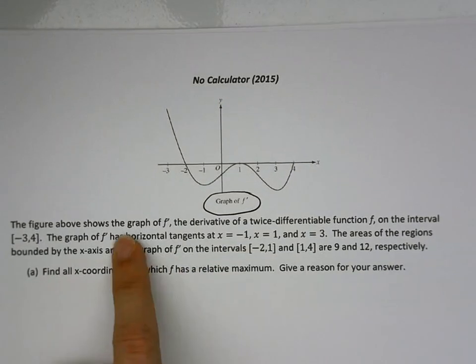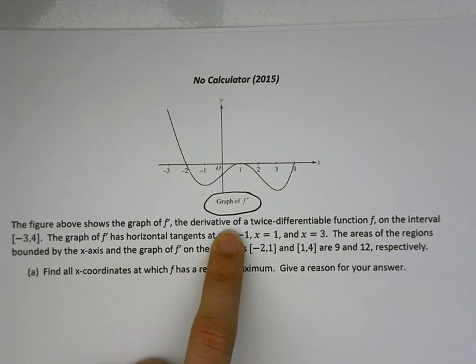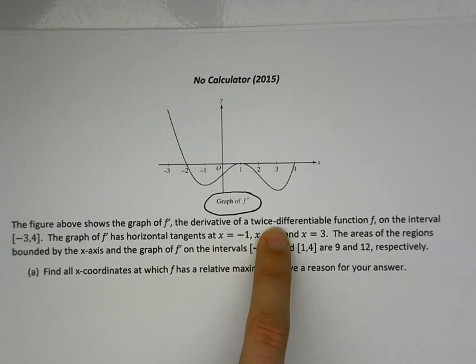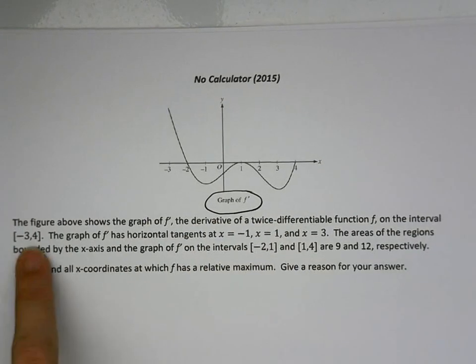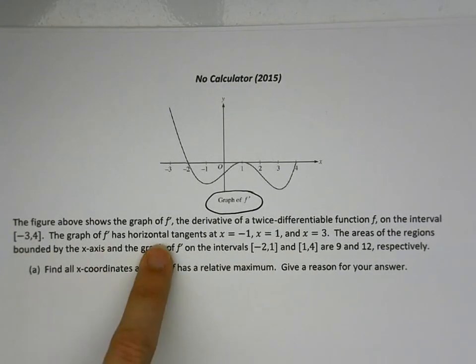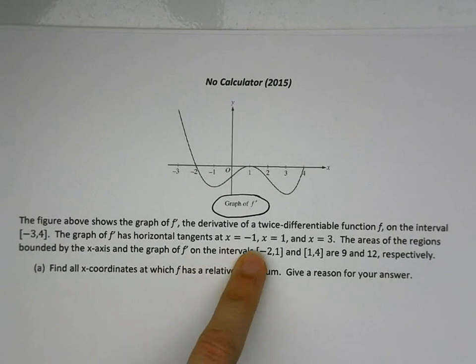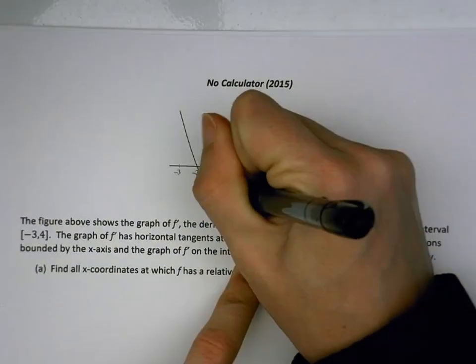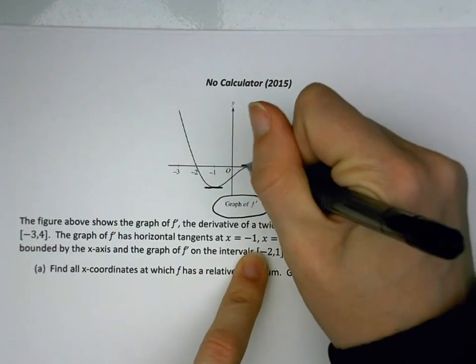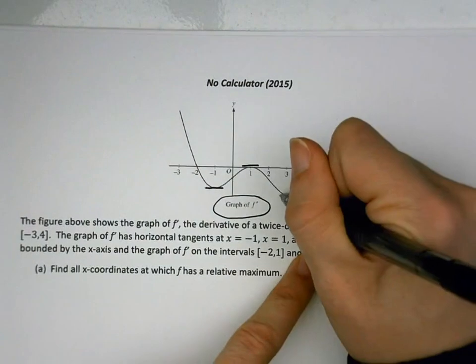Okay, so the graph above shows the graph of f prime, the derivative of a twice differentiable function f on the interval -3 to 4. The graph of f prime has horizontal tangents at x equals -1. So I'll go ahead and draw in my horizontal tangent there. x equals 1 and x equals 3.